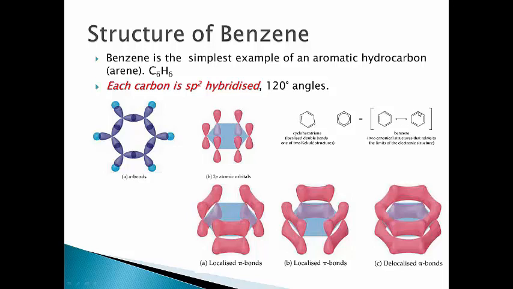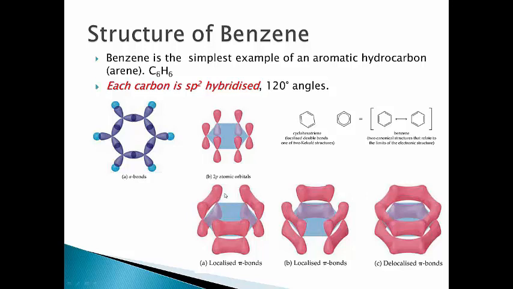If I now look at this structure, and this one's still carbon 1, we have a double bond between 1 and 2, whereas before we had a single bond, and it continues on. So there's a subtle difference, and the difference between these 2 is called resonance. The 2 different structures are resonance structures.